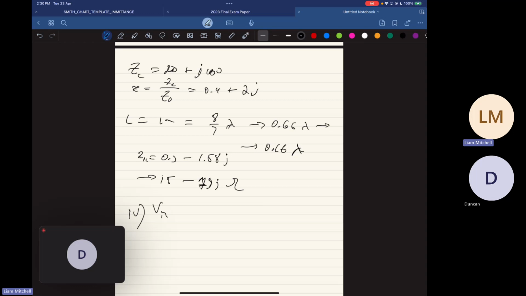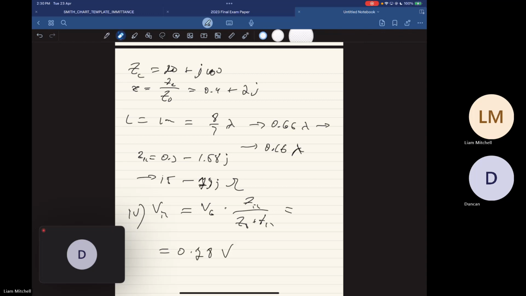Basically, in steady state, this is just the voltage division of your VG times your Z in over Z naught plus Z in, which is going to be 0.78 volts and angle minus 28.7 degrees. That's a phasor. We're going to have some phase shift and some reduction in amplitude.